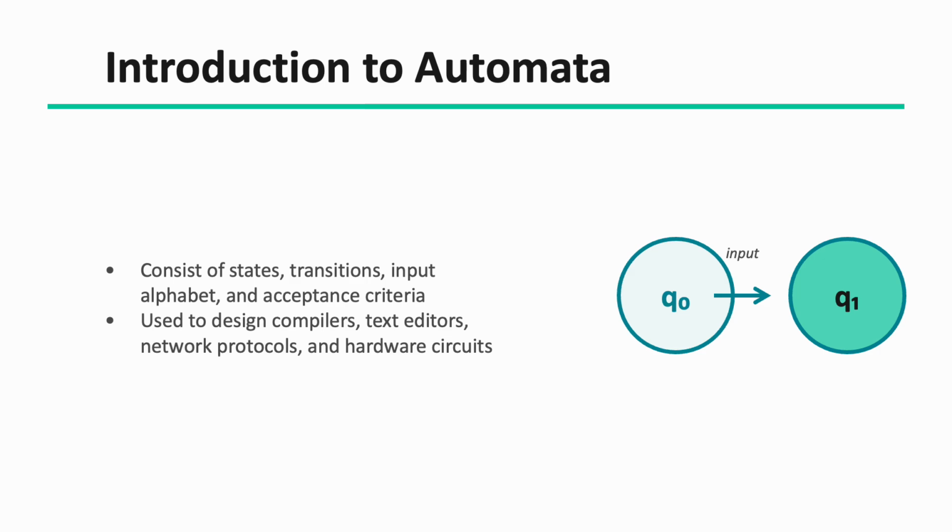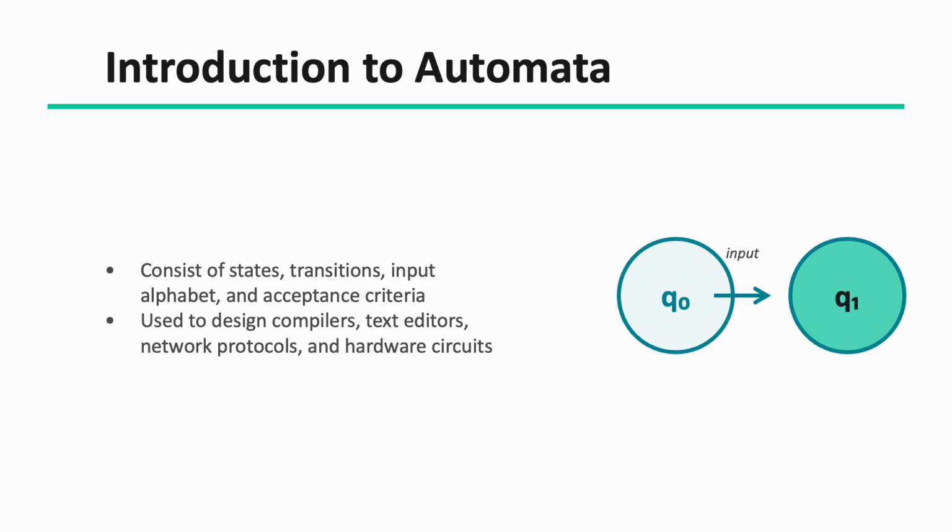For instance, they help create compilers, which are programs that translate the code you write into a language the computer can understand. When you write a line of code, a compiler uses rules defined by finite automata to check for syntax errors, like missing semicolons or unmatched brackets.